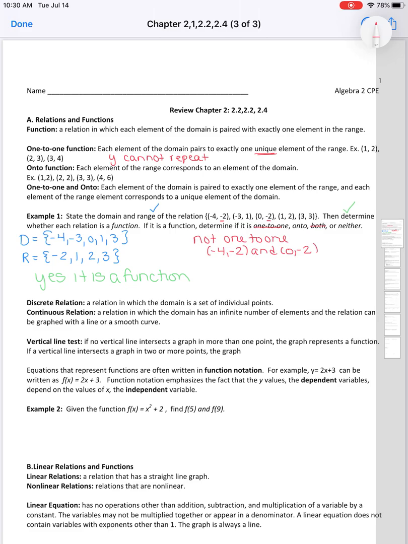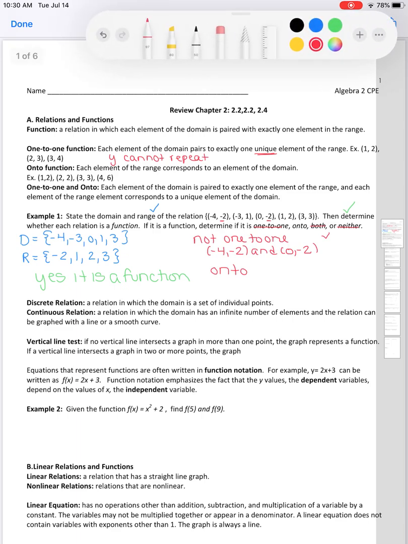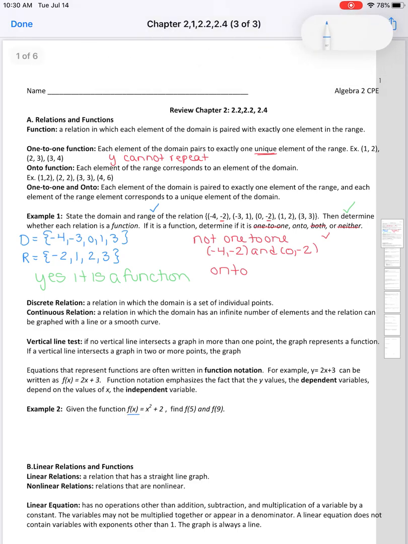So it's not one-to-one. Okay, so that one is out. We know it can't be both then, so that one is out as well. In terms of onto, it says that each element of the range corresponds to an element of the domain. Well, it doesn't say it has to be a unique element of the range, so yes, this would be onto, which means that neither would be out as well. So onto gets that choice for that part.